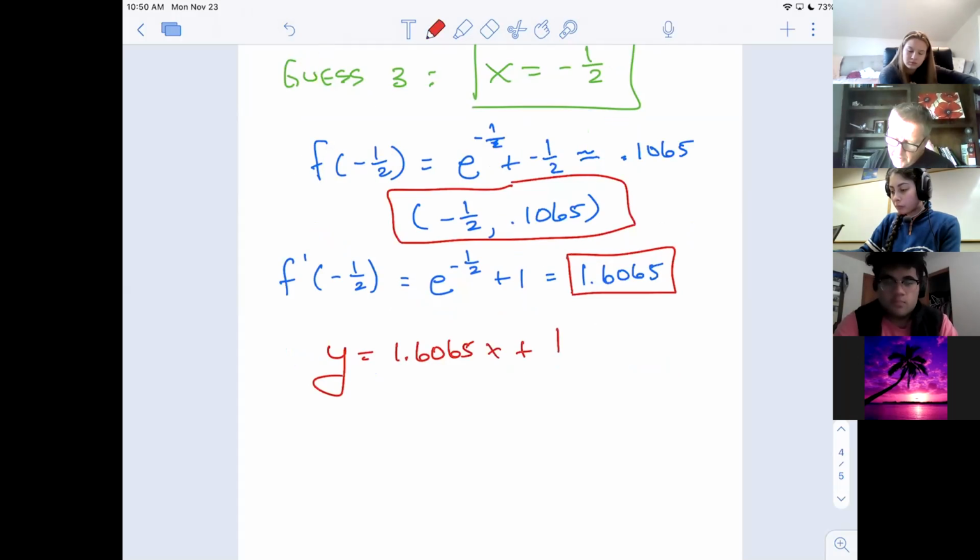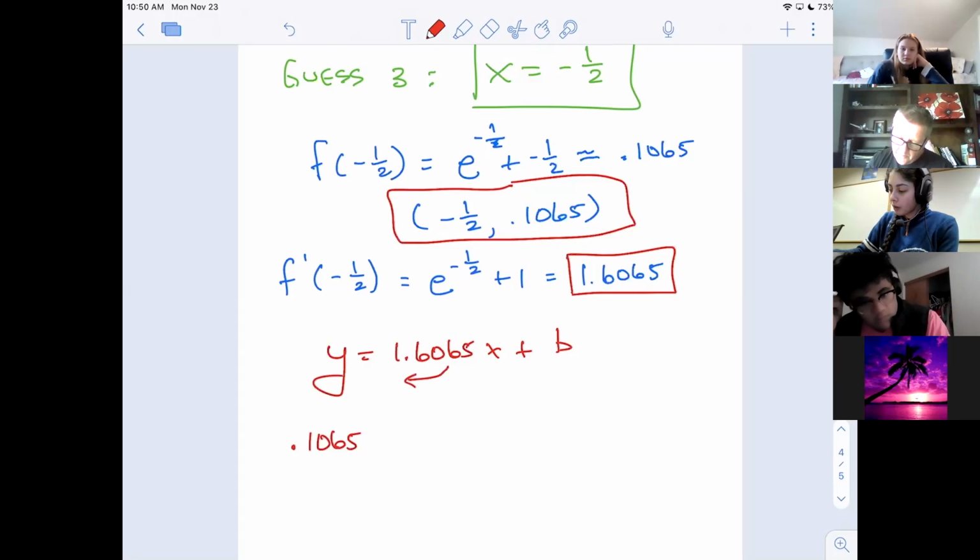So what do I do to get that b value right there? I'm trying to figure out what b is, the y-intercept. And so don't I plug my y value in of 0.1065, and then to get b by itself, don't I subtract this to the other side? So it'd be minus 1.6065 times x, which is negative a half.